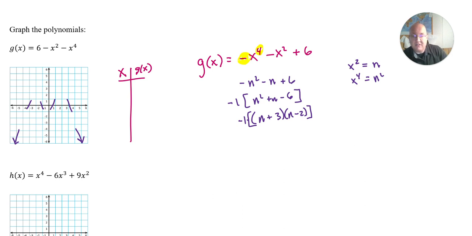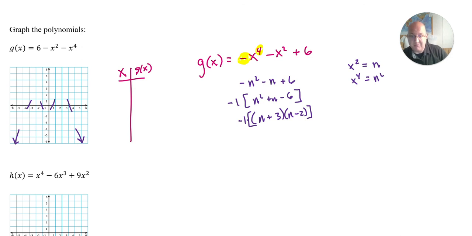Okay, now because we're looking for zeros, that -1 doesn't really matter because -1 times the 0 is still 0. So we can factor out that -1, we're okay. Then let's see what our intercepts are, right?